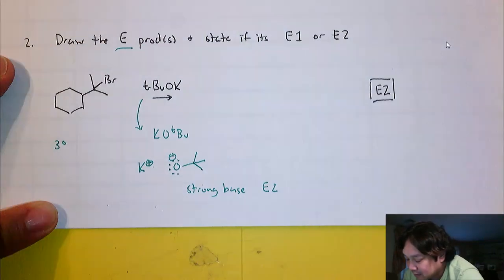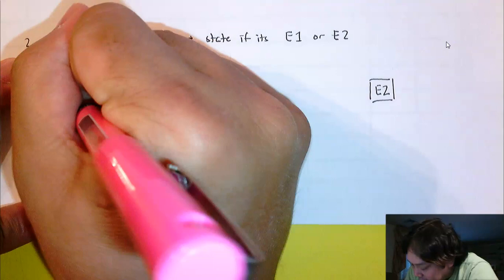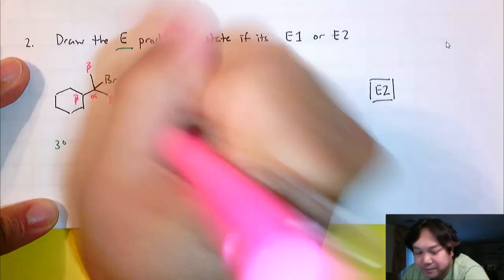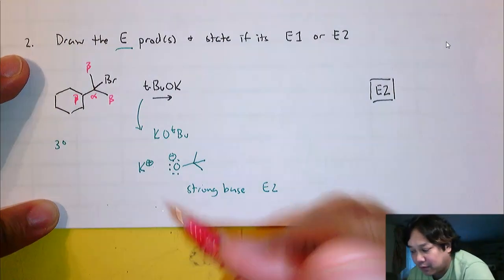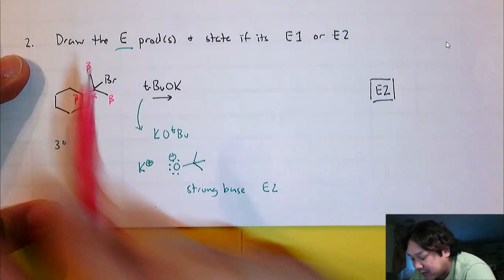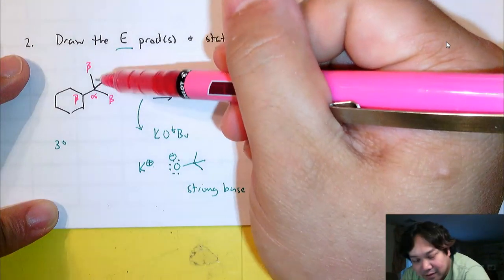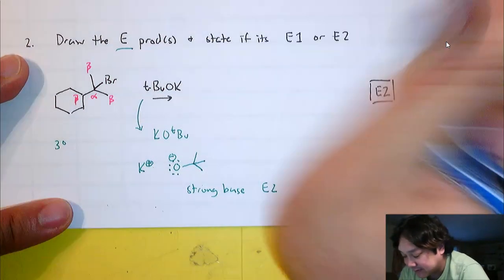Okay. I have to draw elimination products. You have an alpha, you have beta, beta, beta. Okay. Now, hopefully at this point you have enough experience to understand that if I make the double bond between this alpha and the beta on the top, well, let me draw it, and I think you'll see that we're going to have some redundancy.